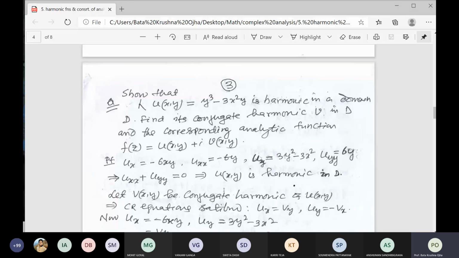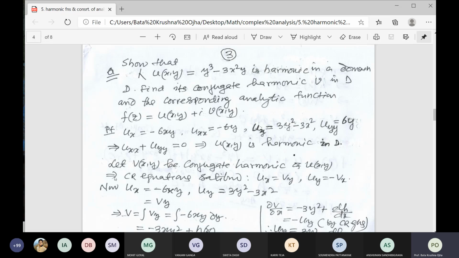So now I am going to construct the analytic function. U is given, calculate v. Let v be the conjugate harmonic of u. Since the function is analytic, the CR equations are satisfied: ux = vy and uy = -vx. When you construct the conjugate harmonic, you write your CR equations.